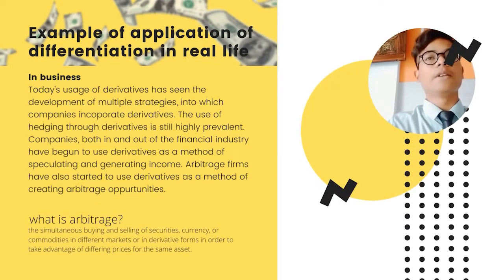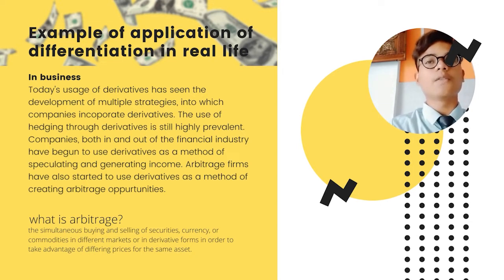Example of application of differentiation in real life. In business, today the usage of derivatives has led to the development of multiple strategies into which companies incorporate derivatives. They use hedging through derivatives, which is still highly prevalent.